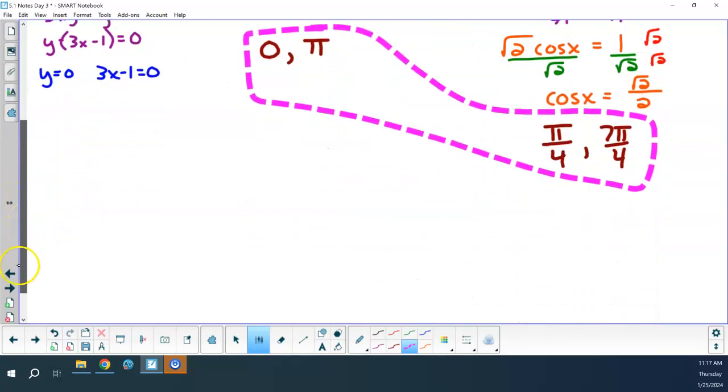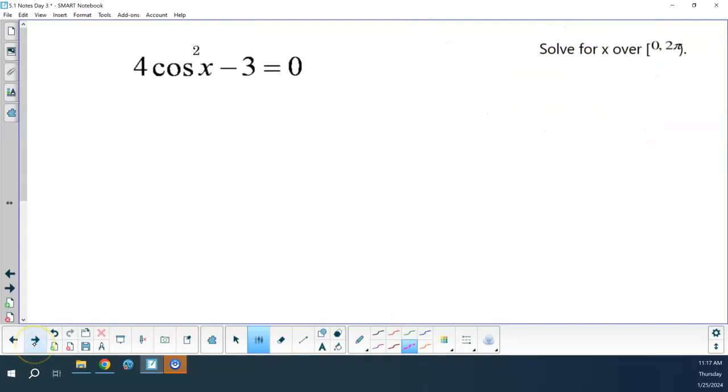Okay? Four cosine squared of x minus 3 equals 0. We need to solve. What do you got?